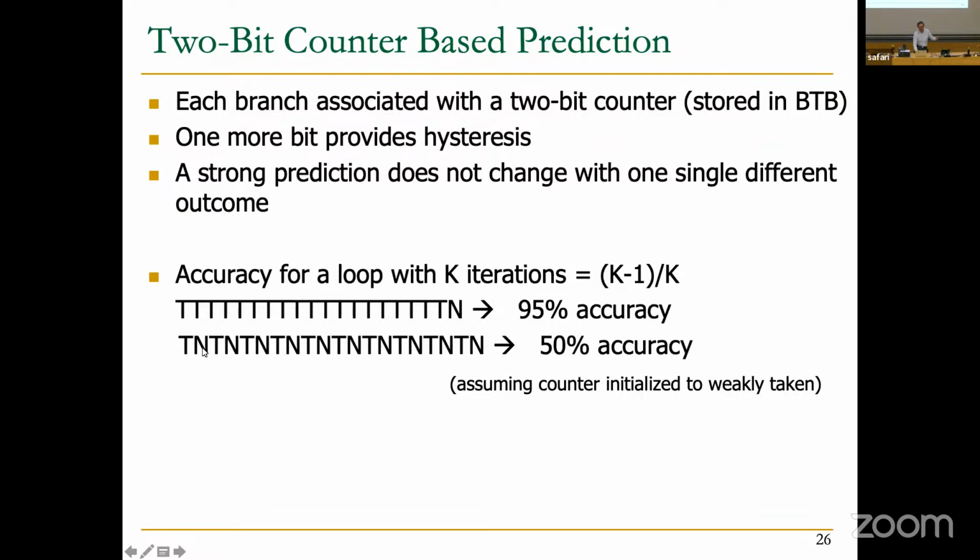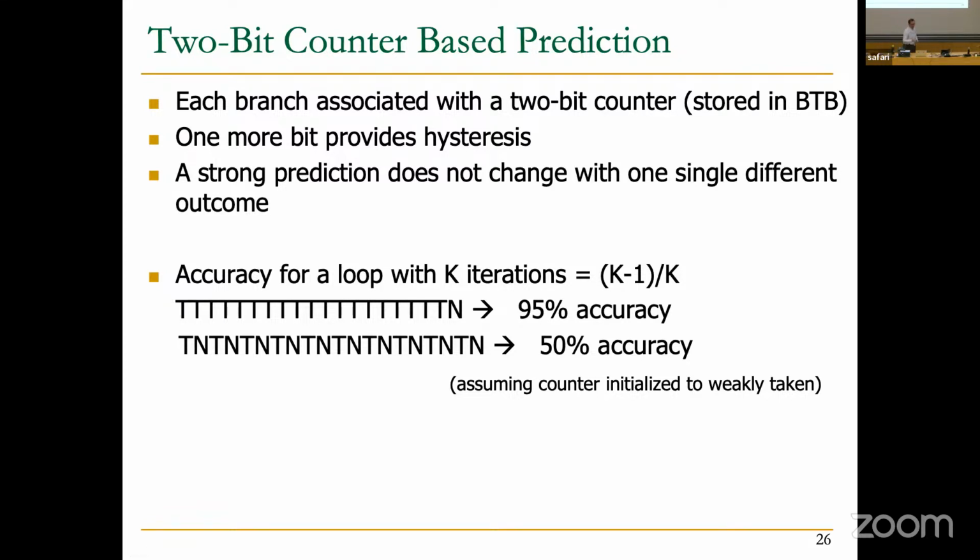And then the next instance we will predict as taken, but we'll mispredict it, so the counter will become weakly taken, okay? In the next instance, we'll predict correctly as taken, and the counter will become strongly taken again. And then basically the counter will jump between strongly taken and weakly taken, but we will mispredict every other instance of the branch. So 50%, which is not bad, but not that great also, as you can see.